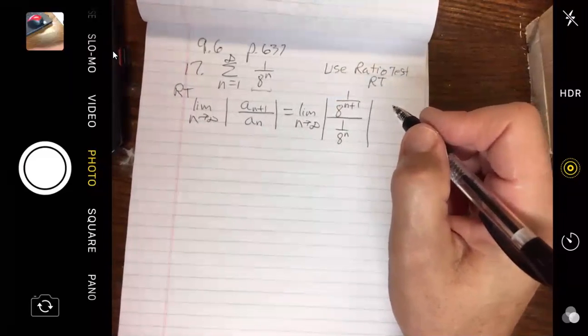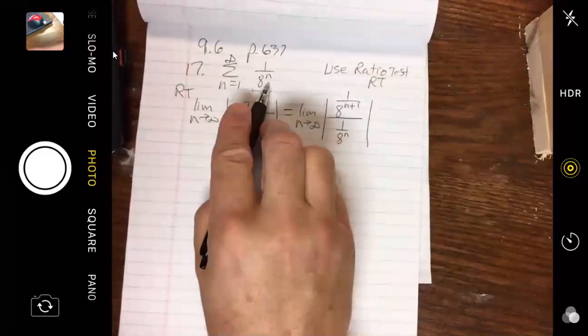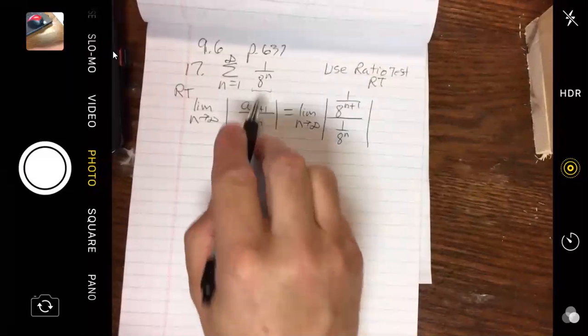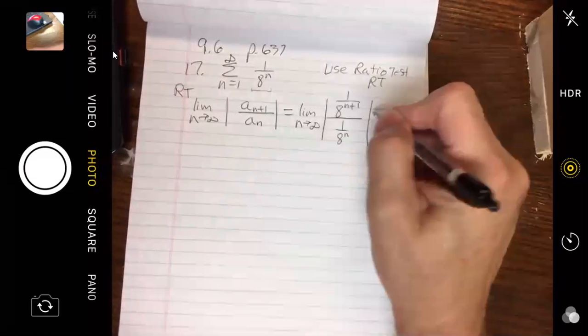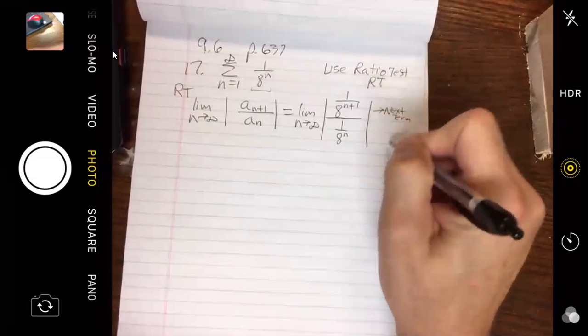Questions about that? That's just subbing in n+1 for the n on top and using the current term on bottom. So I'm comparing the next term to the current term.